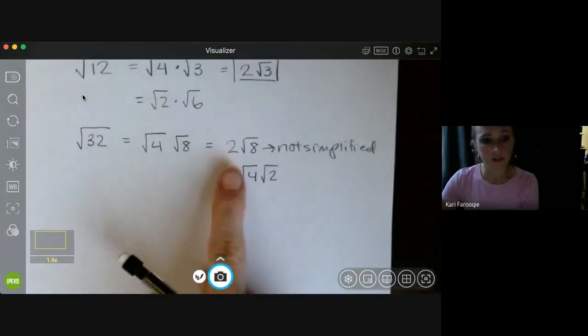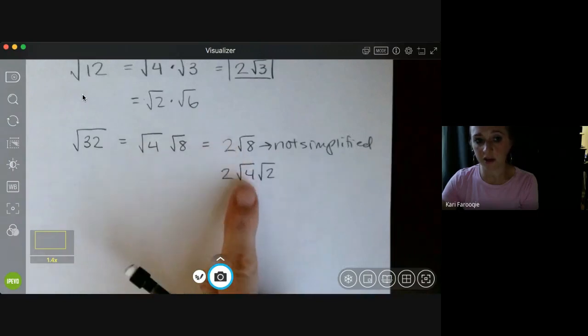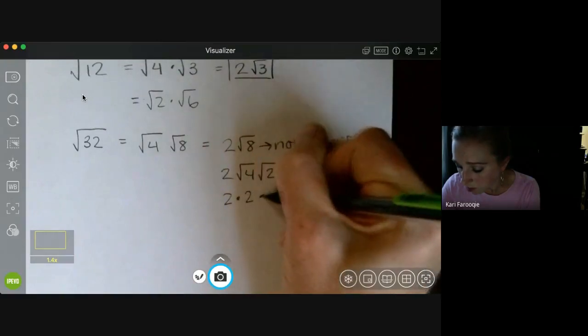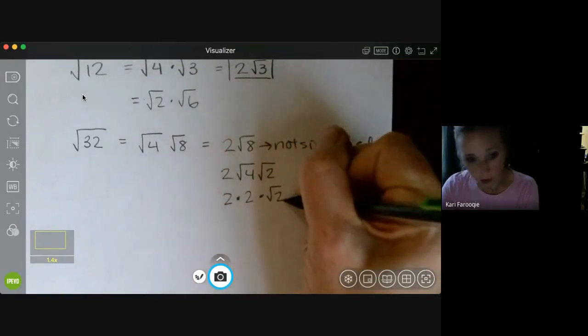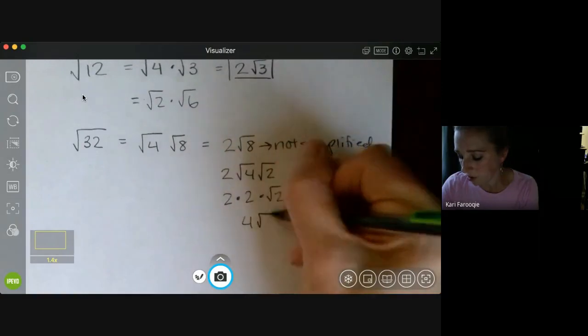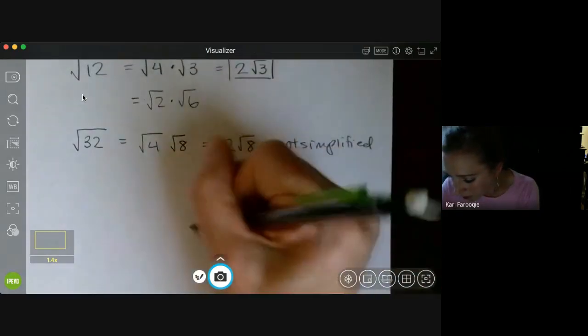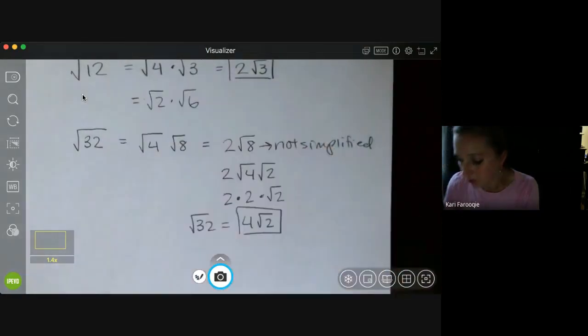So if you get something like this and you're still not simplified, think about whether or not it still has perfect square factors. You can rewrite this as 2 times the square root of 2. And that simplifies down to 4 times the square root of 2.